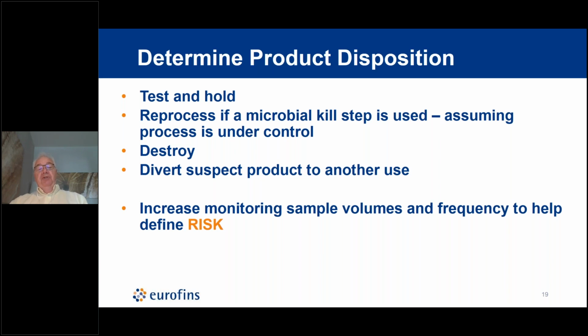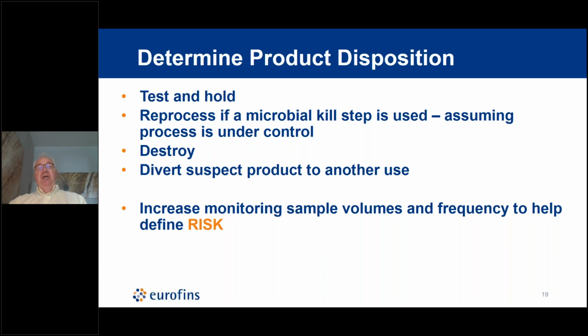So a conservative approach is to destroy it, or you may be able to divert the suspect product to another use. So for example, you may have another customer that is okay with having, let's say, a pathogen in that lot, because they have a process control that will eliminate it. Or you may divert it to a pet food or an animal food manufacturer.